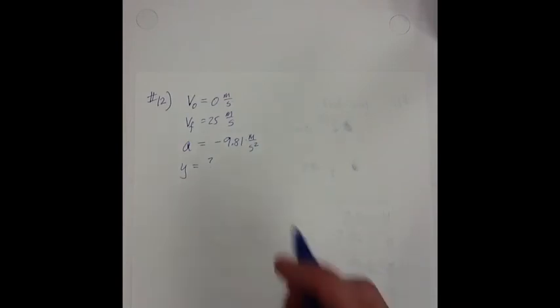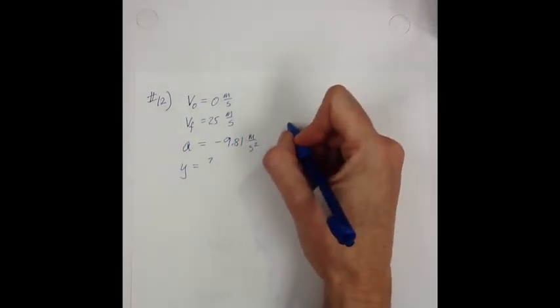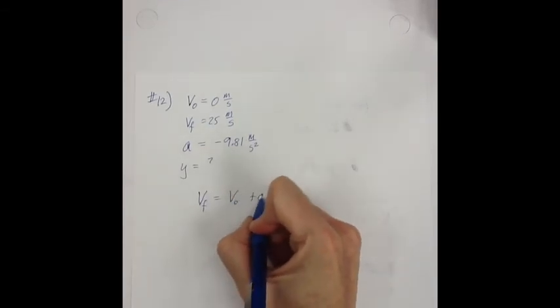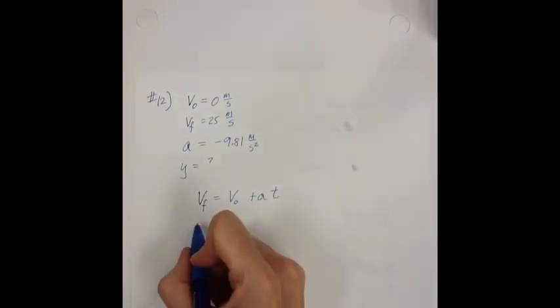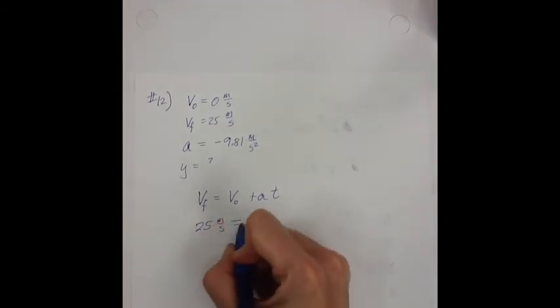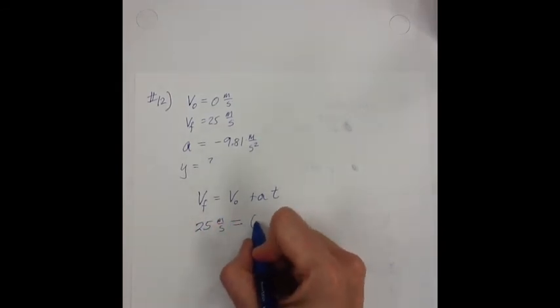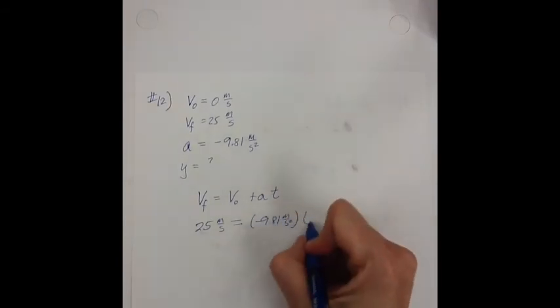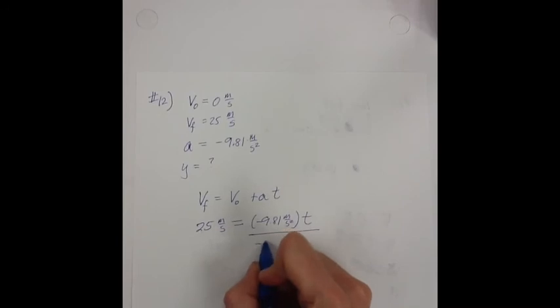So I'm going to go ahead and solve for time first. So final velocity is initial velocity plus acceleration times time. Well, my final velocity is 25. My initial velocity is 0. I have negative 9.81 meters per second squared times time. I'm going to solve for time.